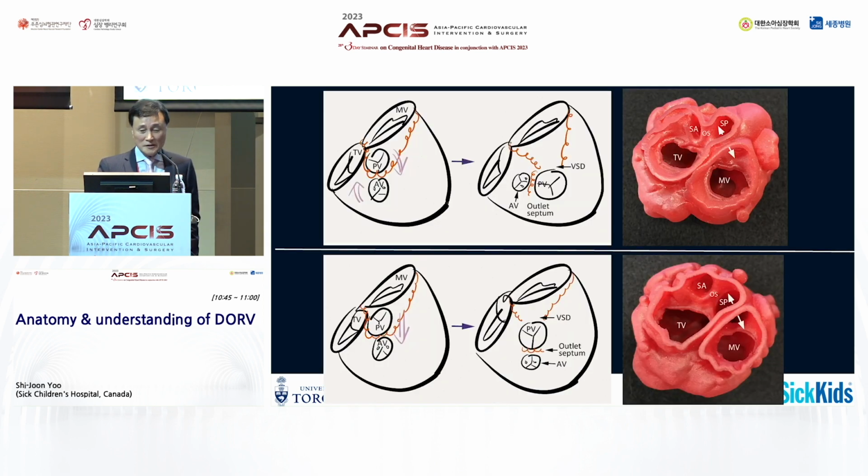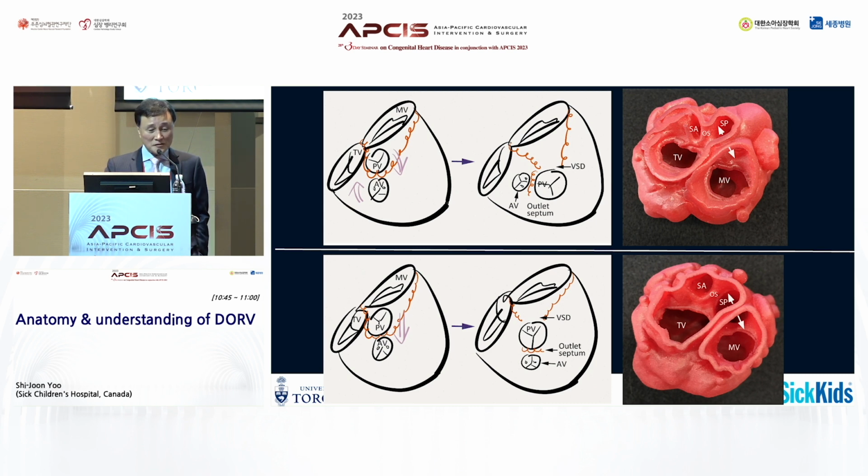So what is the difference is that these two hearts are different hearts. If you look at here, this is a right ventricle, this is left ventricle, tricuspid valve, and mitral valve, and then no question, double outlet right ventricle. Outlet septum goes to the septum, right, vertically. And then VSD is here, making this VSD subpulmonary.